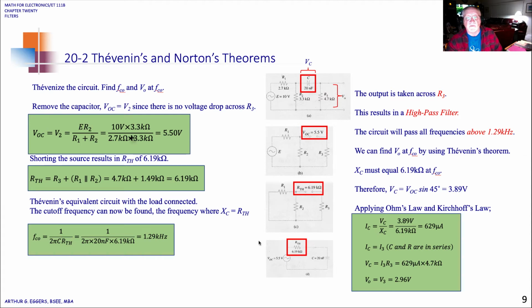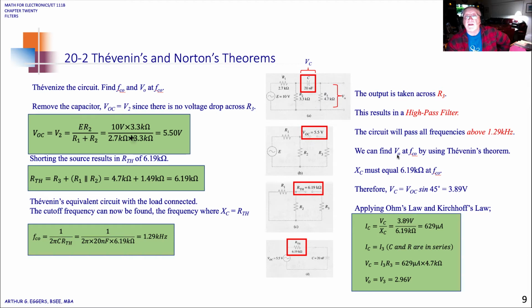From that we can calculate the cutoff frequency as 1 over 2 pi times the capacitor times our Thevenin resistance, which gives us 1.29 kHz for the cutoff frequency. So this results in a high-pass filter. The circuit will pass all frequencies above 1.29 kilohertz.